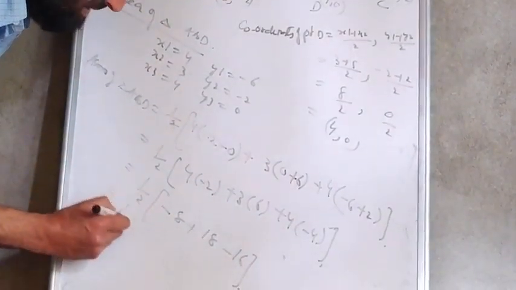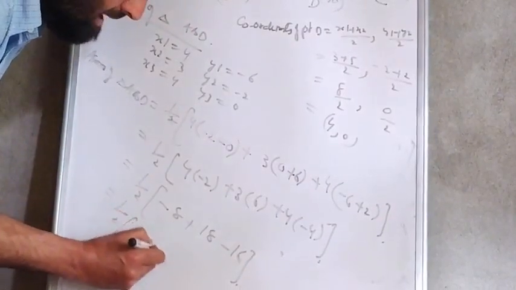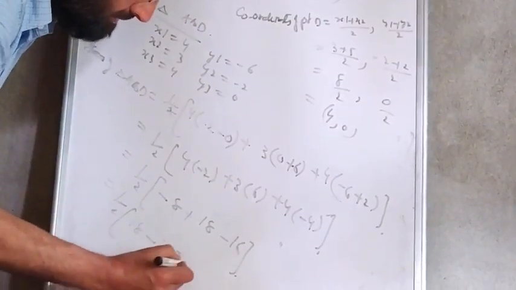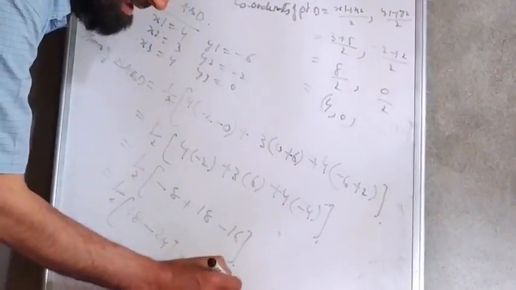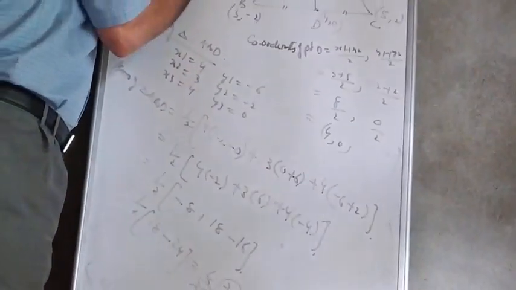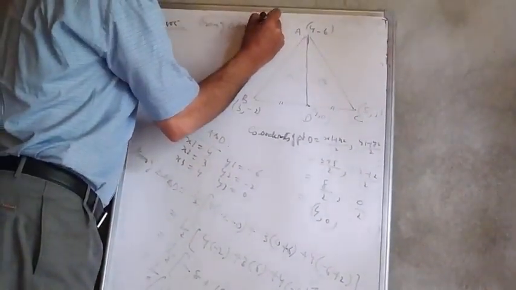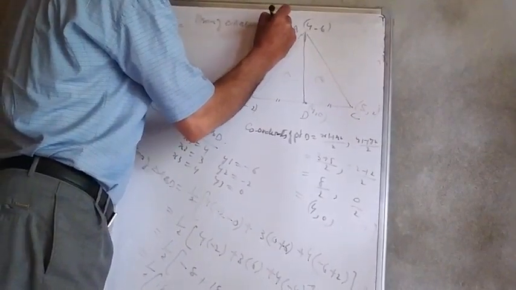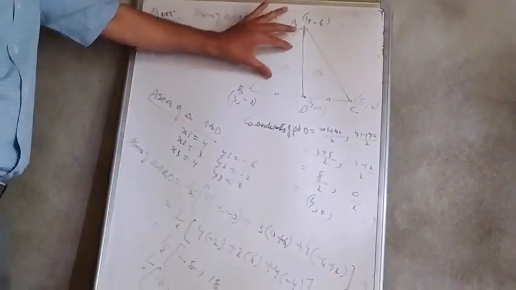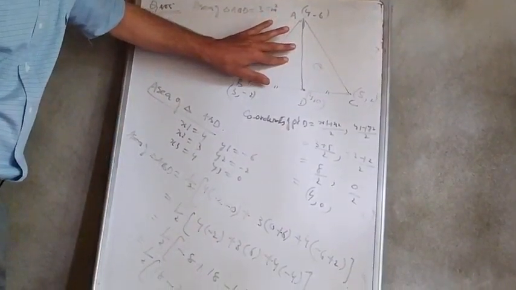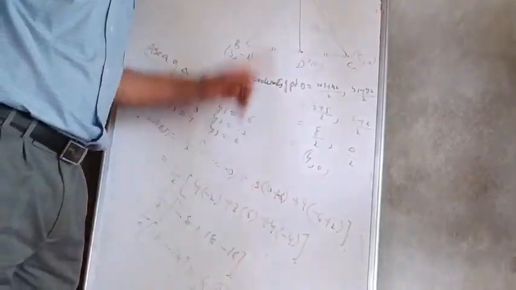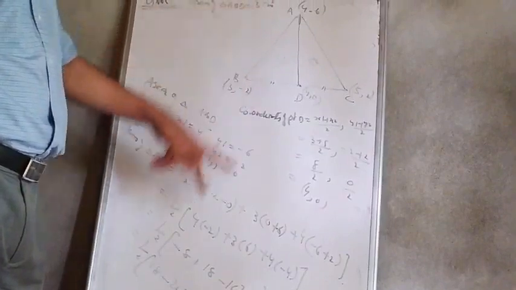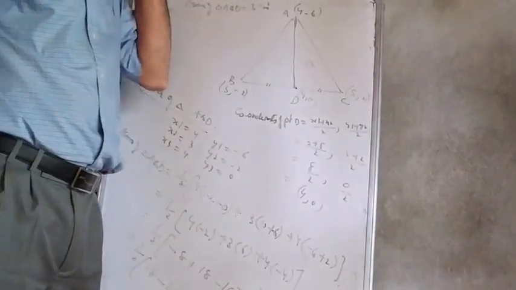So this is 1 by 2 times -6, which is -3. Area cannot be negative. So neglecting the negative sign, area of triangle ABD is equal to 3 square units, or 3 centimeters square.